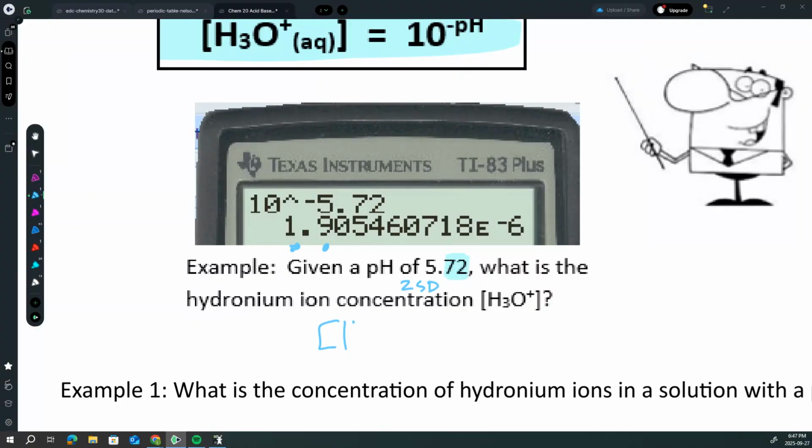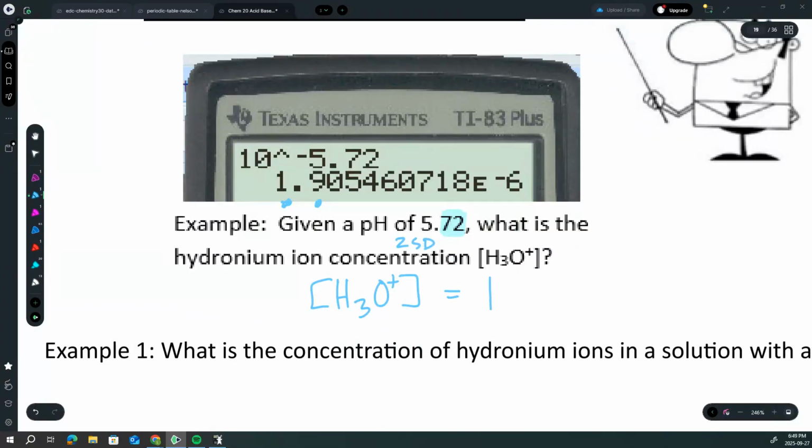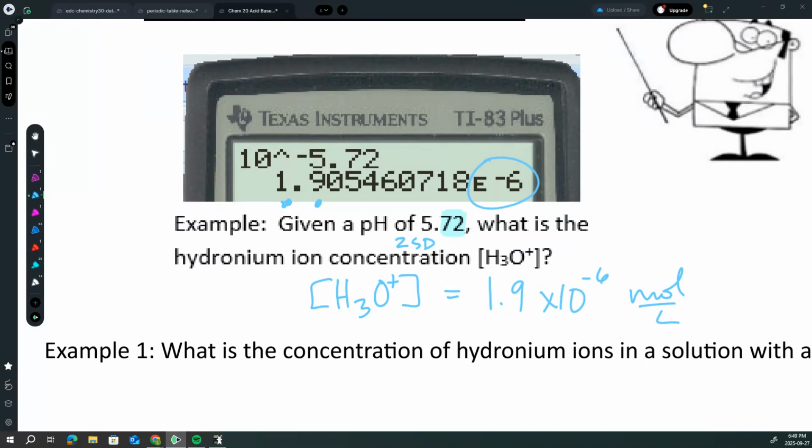The concentration of hydronium is going to be 1.9. Now, here's the thing that's easy to forget. We still need to write times 10 to the power of negative 6, because 1.9 is not the same thing as 1.9 times 10 to the negative 6. So times 10 to the negative 6 mole per liter.